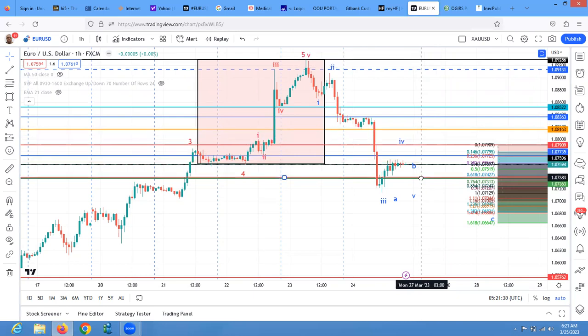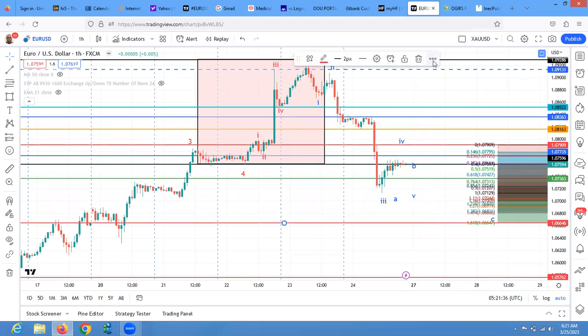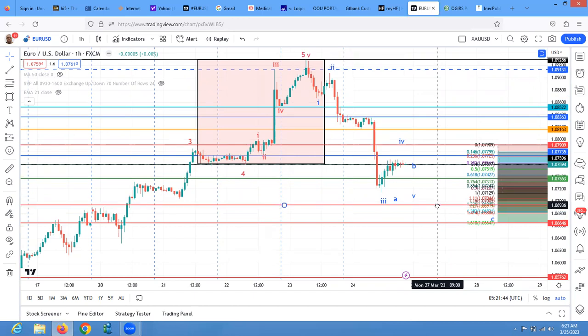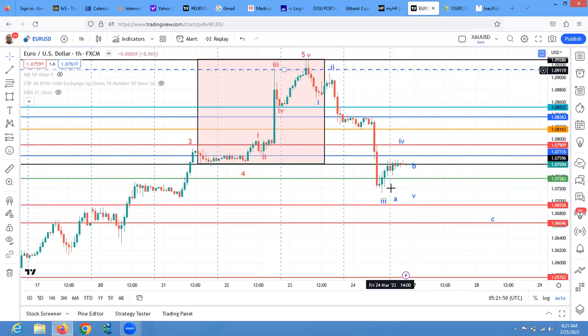So between here, which is 1.68, and here, which is 123. I don't think we can move past this level before we see B correcting.